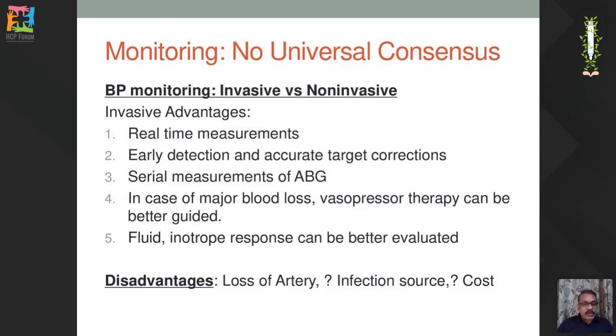That has to be discussed among the team and decided according to your local policy. One of the reasons why surgeons especially do not want to use the arterial line is the future arterial AV fistula. Suppose the artery gets thrombosed or occluded, then that is a waste of the site for them.